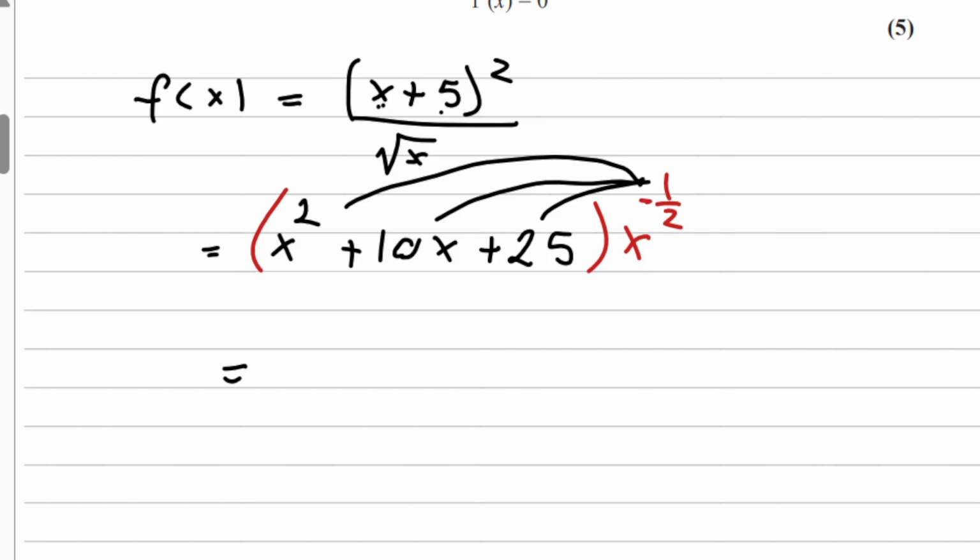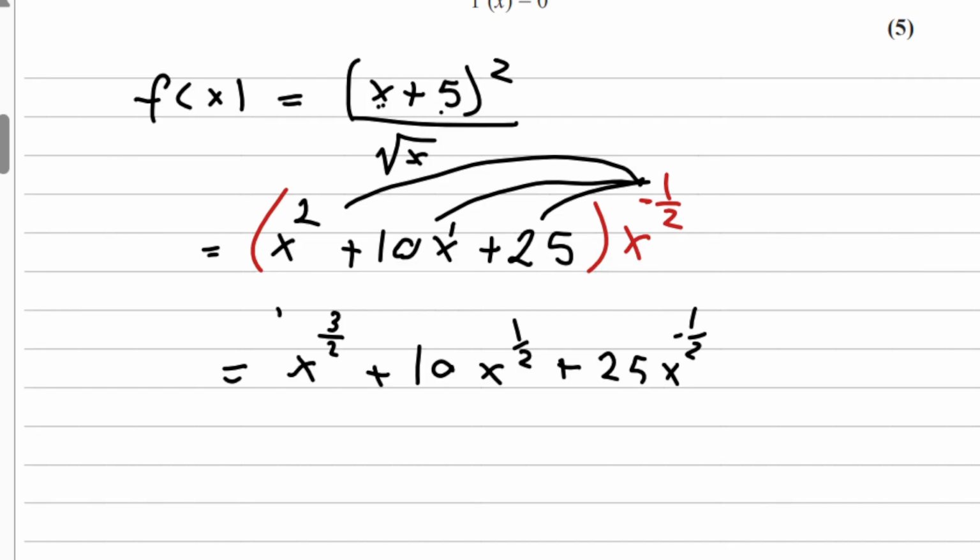So x squared times x to the power of negative a half, we just add the powers: 2 plus negative a half is 1.5, so it's x to the power of 3 over 2, plus 10x: 1 plus negative a half is just a half, so 10x to the power of a half, and finally plus 25x to the power of negative a half.